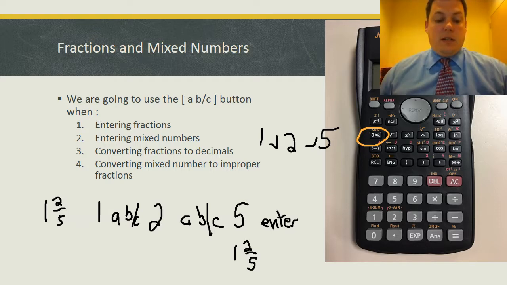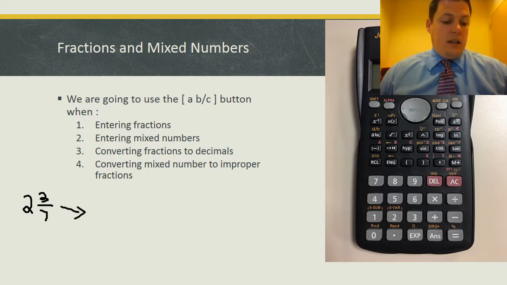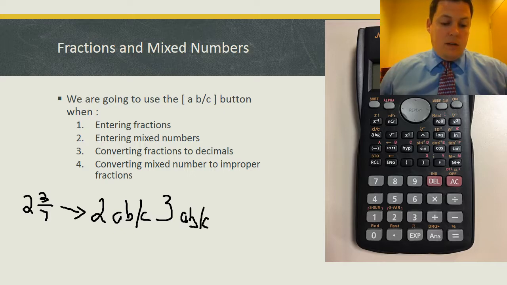All right, so that's mixed numbers. If we want to convert a fraction to a decimal, let's do a mixed number again, just so we can see it. So we'll do 2 3/7. Again, you want to put the ABC in between every number. So 2, ABC button, 3, ABC button, 7, enter.